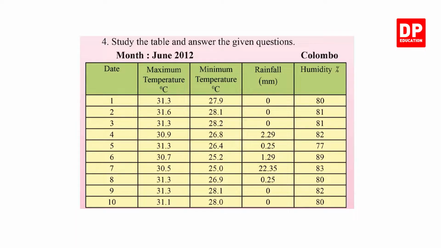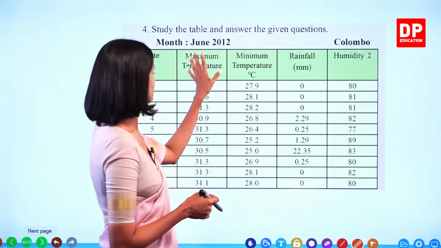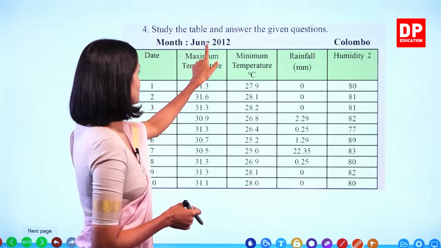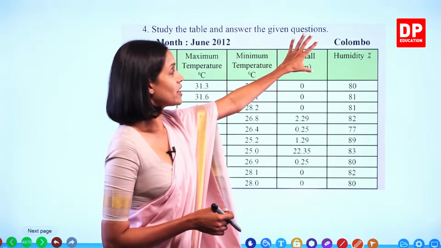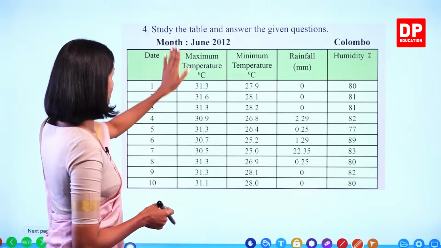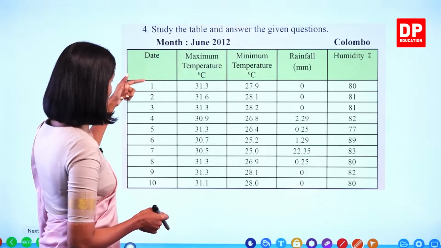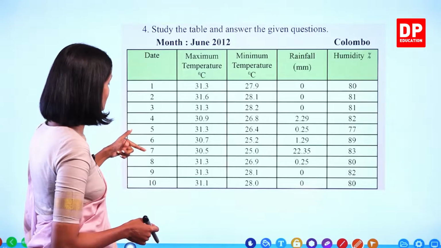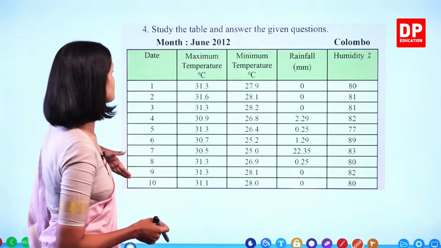Number 4. Study the table and answer the given questions. Look at this one, the table. Here given the month, June 2012. Area is Colombo, right? So look at this one, date, month of June, 1st of June, 2nd of June, 3rd, 4th, 5th, 6th, 7th, 8th, 9th and 10th of June, right?